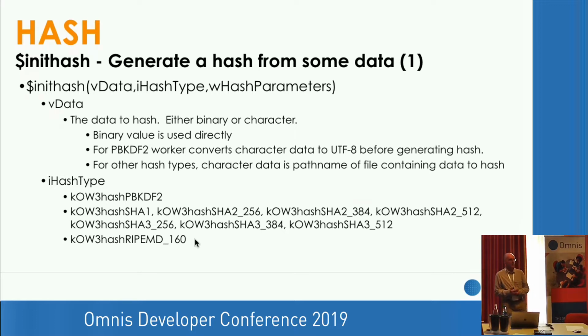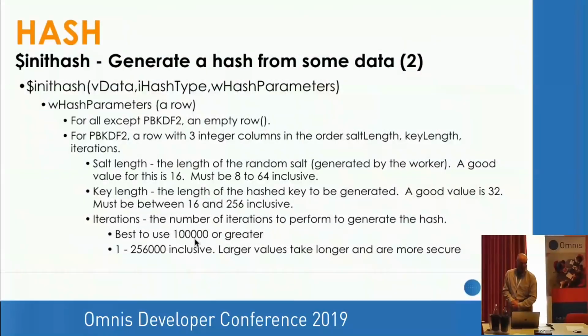But if it's for the other hash types, the character data must be the path name of the file containing the data you want to hash. So if it's a large file with a lot of data in, you're better supplying that path name than reading it into a binary and doing it directly in memory. The hash type is a constant.